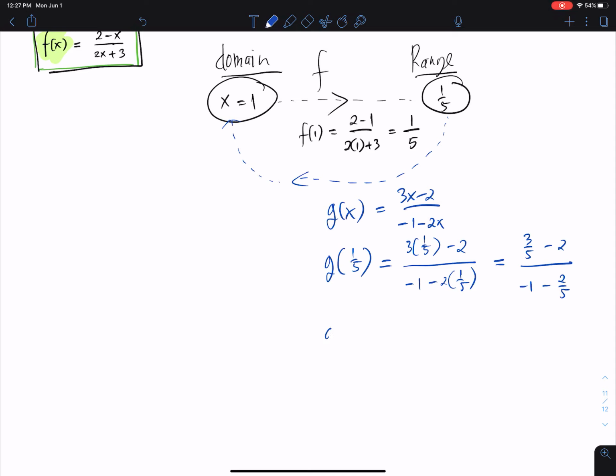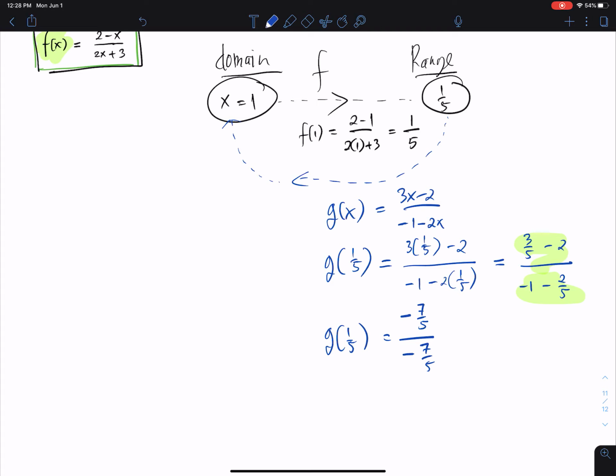Okay, I will do fast calculations here. I'm not going to teach you how to do these calculations anymore. 3 over 5 minus 2, I'm going to get minus 7 over 5. You can check with your calculator or whatever method you can use. Minus 1 minus 2 over 5 on the bottom part will be minus 7 over 5 also.